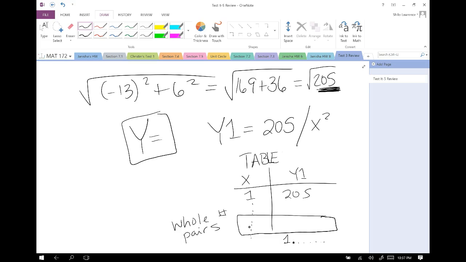There are no whole number pairs in my table. That means radical 205 does not simplify. So that's as good as it gets, radical 205. If you want to see an example that does simplify, let me see real quick.